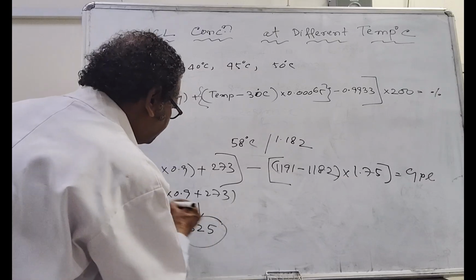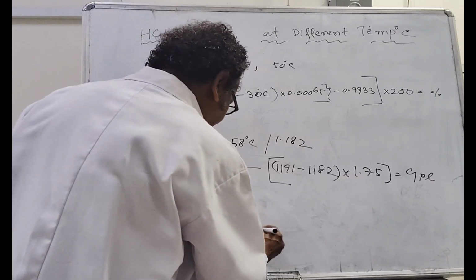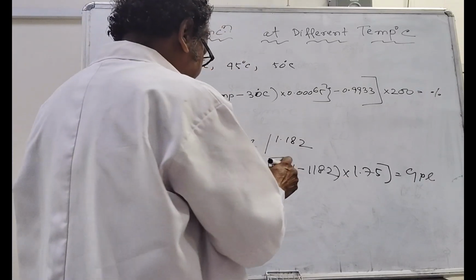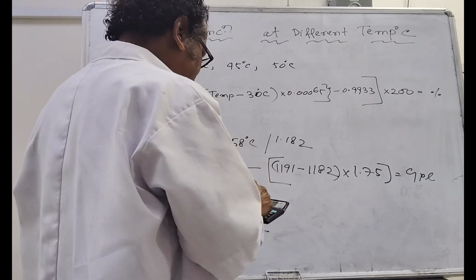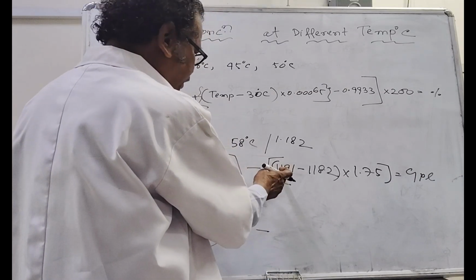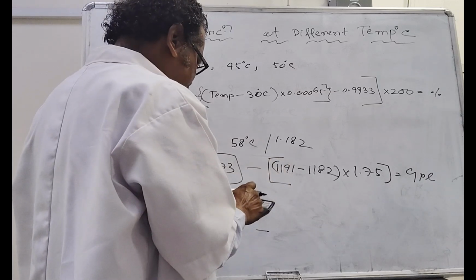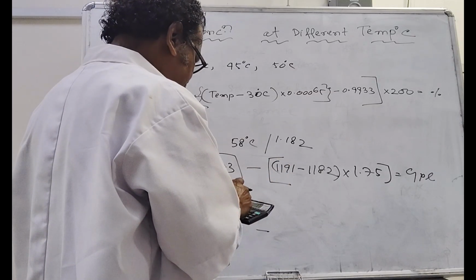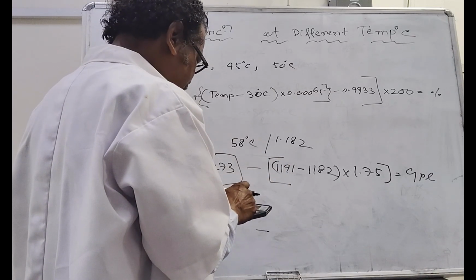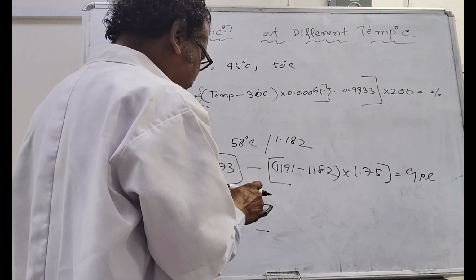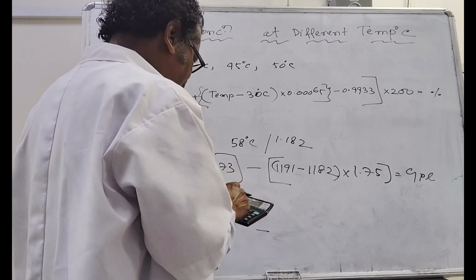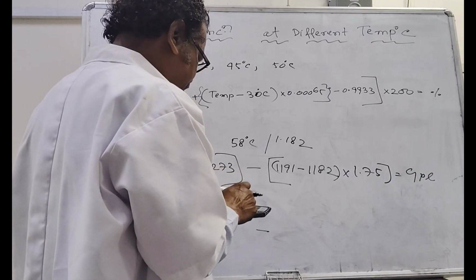This value is 325. And come here, this is 1191, a reference specific gravity, minus 1182, which is 9, into 1.75.